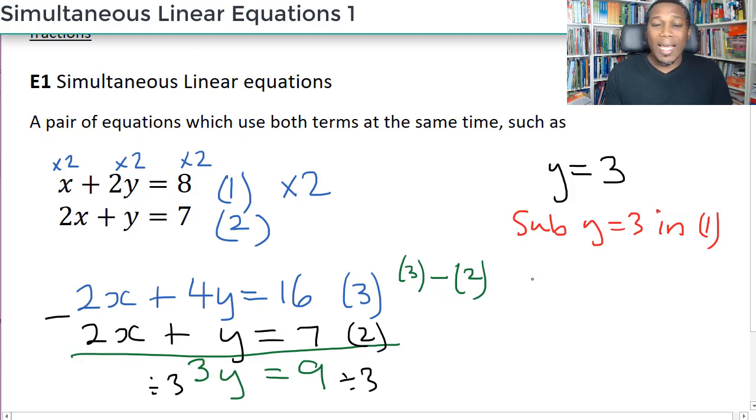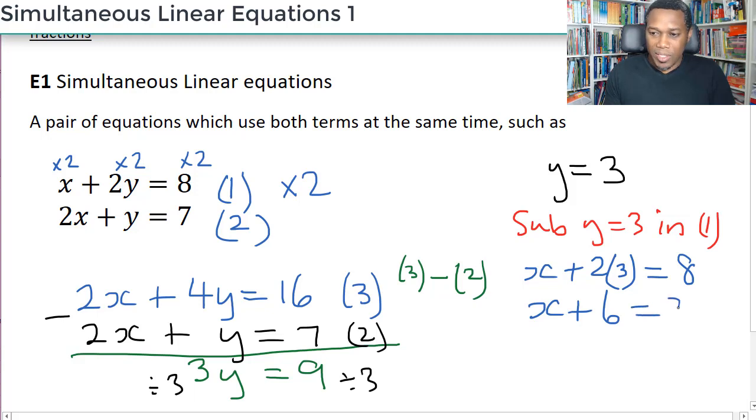So in equation 1, I now have x plus 2y, and remember 2y means 2 multiplied by y. I can represent that by putting the number in brackets, so 2 and then 3, and that is equal to 8. Now we have x plus 2 times 3 is 6. x plus 6 is equal to 8.